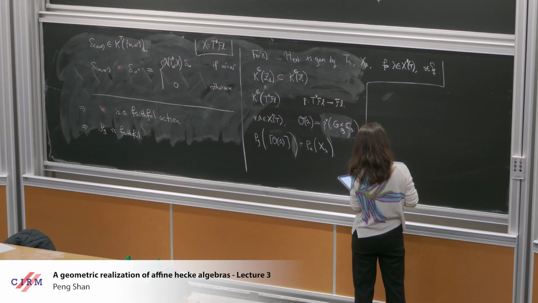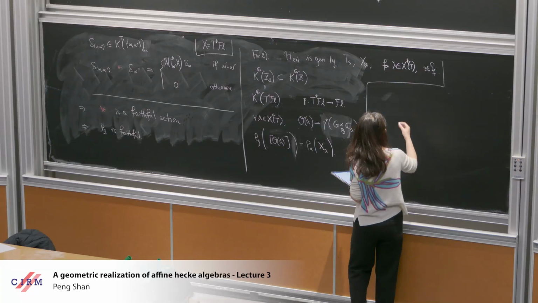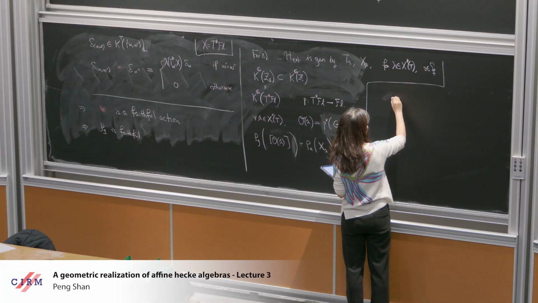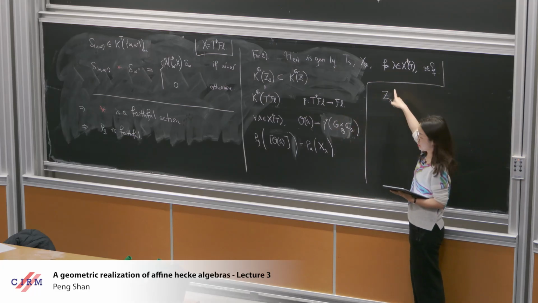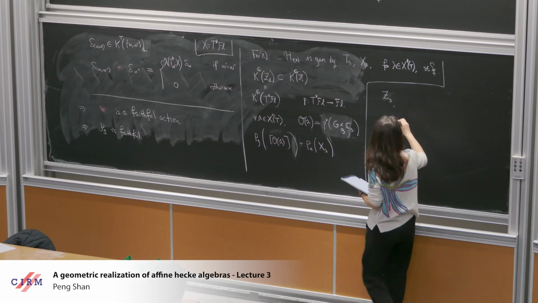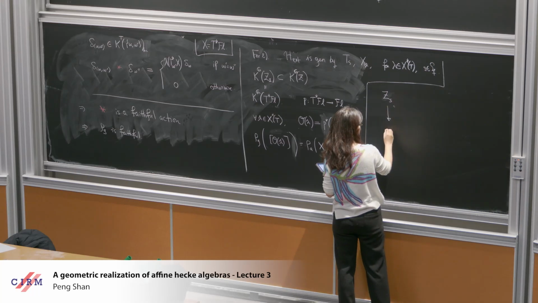As we explained, naturally you're looking at this Z_s, the part which is indexed by the simple reflection s. And as we recall, this lives over FL of s.